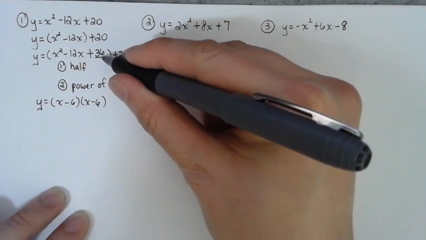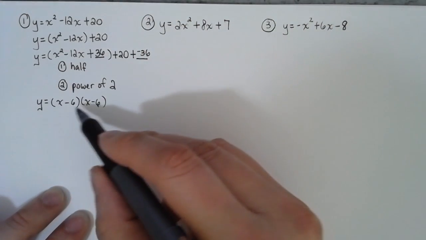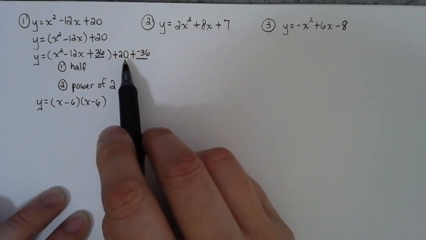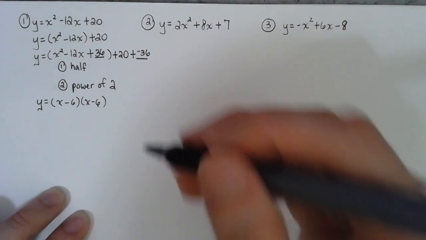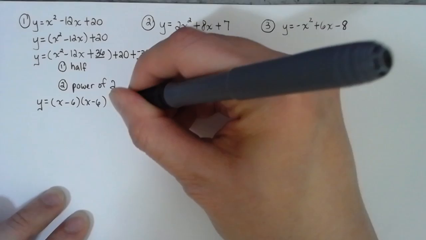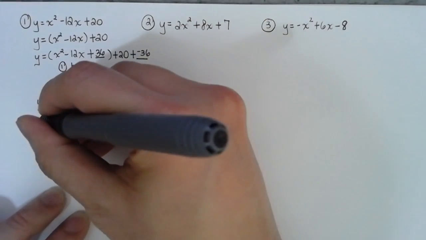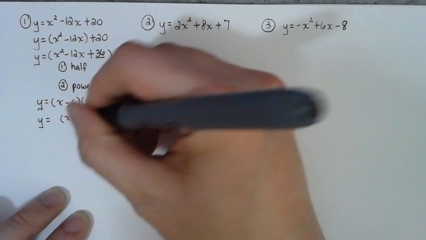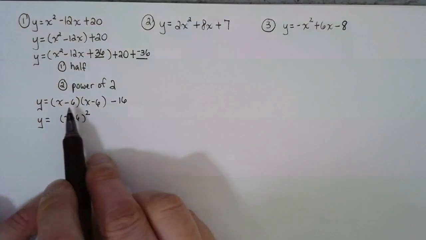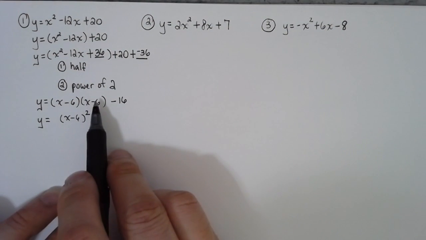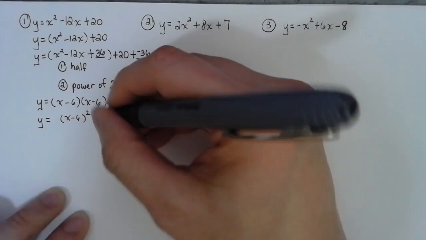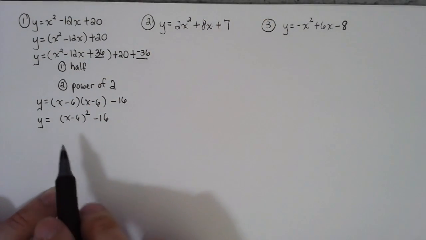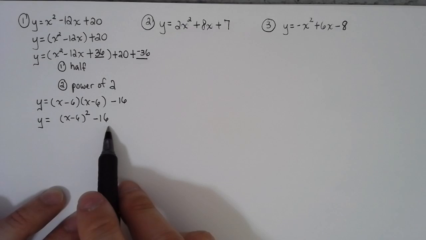If you found the correct number here, these two should always come out to the same answer after it is factored. Now right here, if you combine this, you end up with negative 16, and that's why we now have x minus 6 squared. We're just rewriting x minus 6 times x minus 6 to something simpler, and we just copy the negative 16, and we now have the vertex form.